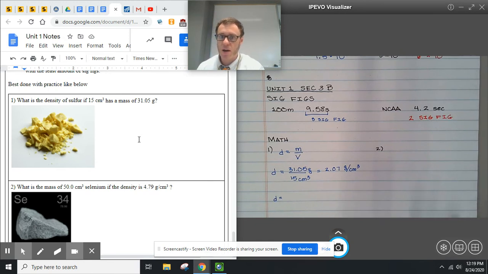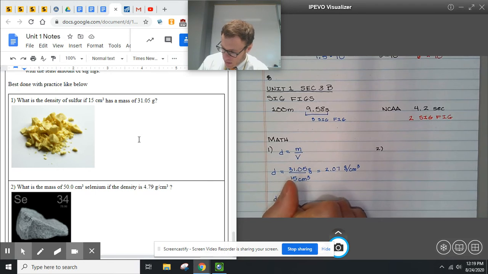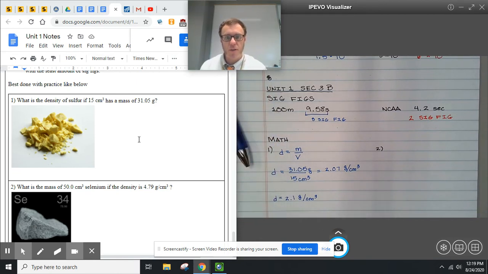Everybody says they can round until they actually have to round. We get our 2, there's significant figure number 1, point. So we have to round to the tenths. The number after it is greater than 5, so we are going to get a density of 2.1 grams per cubic centimeter. So that's what we have for this one.